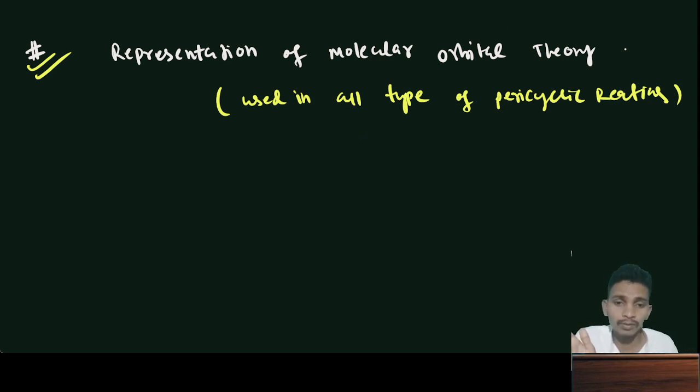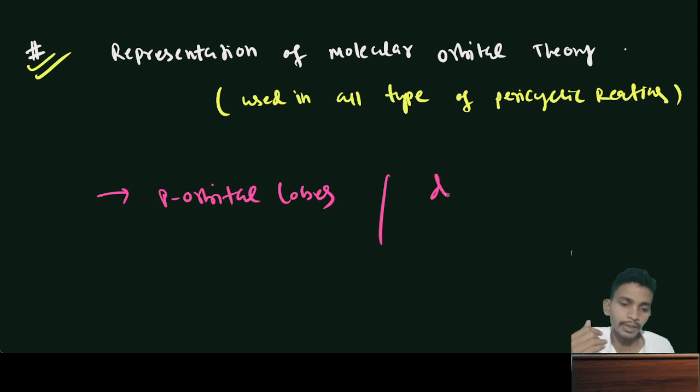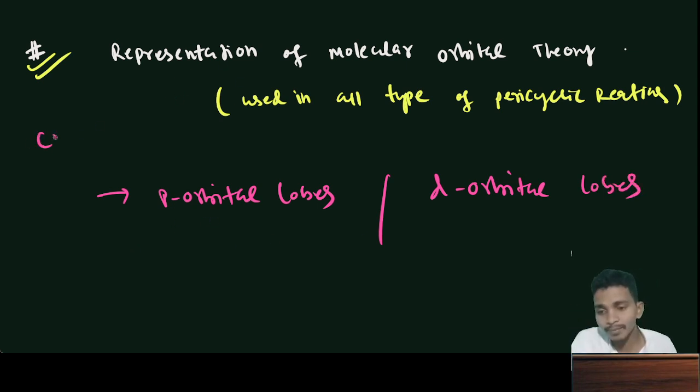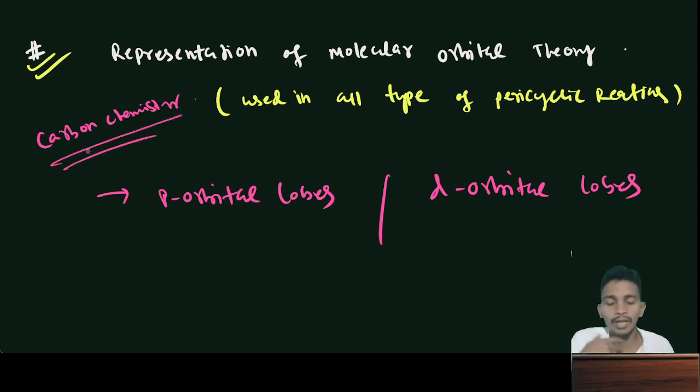If these are the lobes, like we have the p orbital lobes, why are we talking about p orbital lobes? Here we will talk about the p orbital, not the d orbital lobes. The reason is that we are using organic, meaning carbon chemistry, or carbon and hydrogen chemistry.